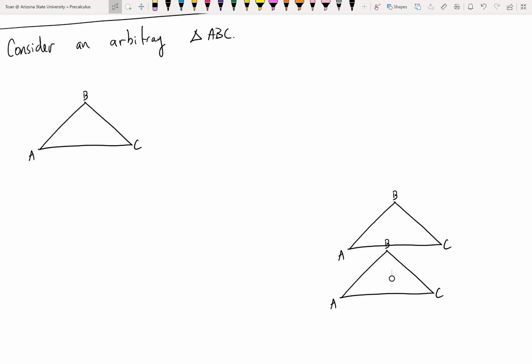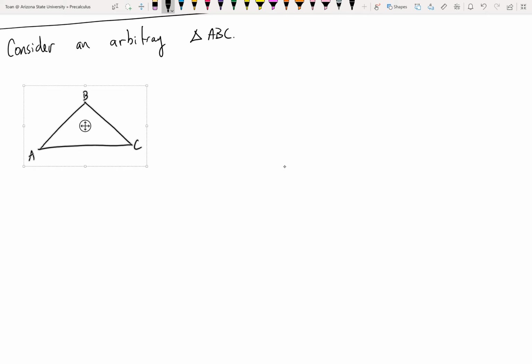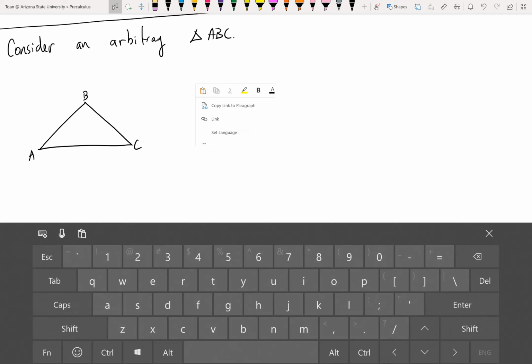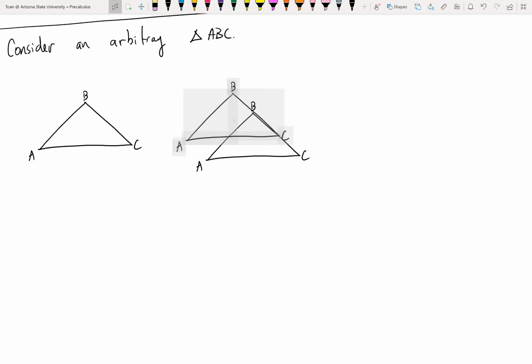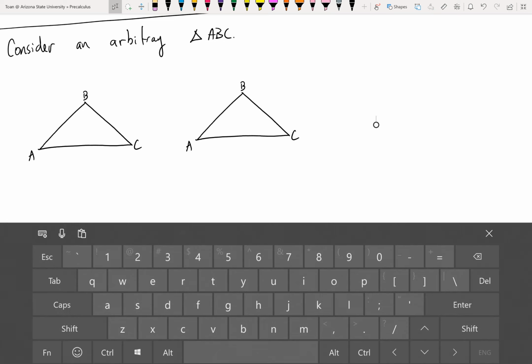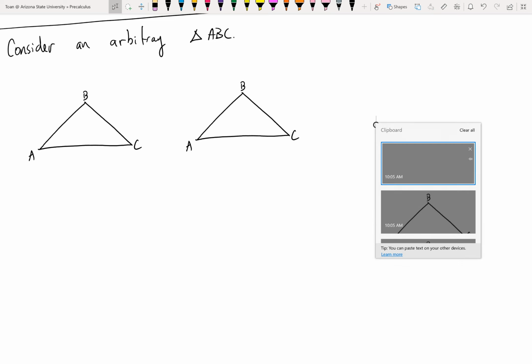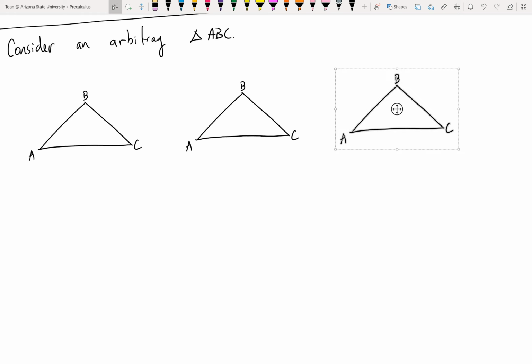Oh man, I overlapped them. Sorry, it's taking a while. I guess I should have prepared this ahead of time. Paste. There we go. Third time's the charm.